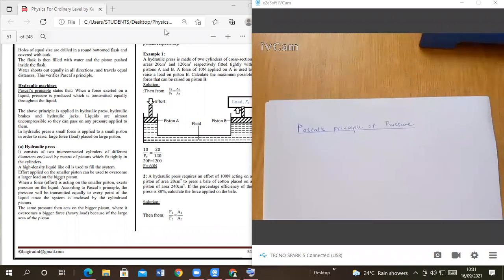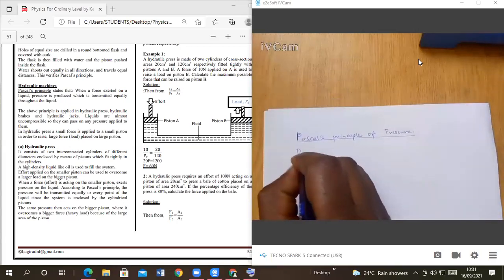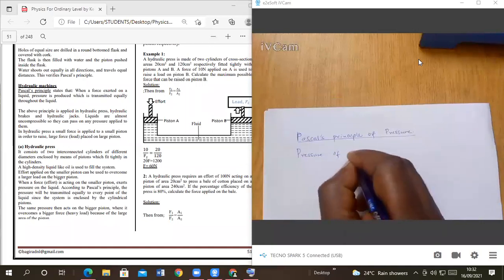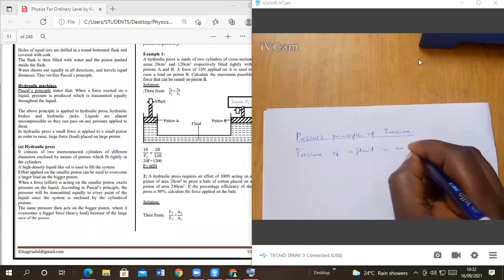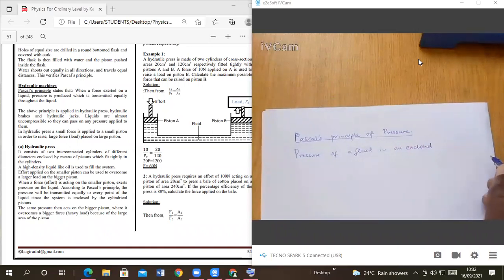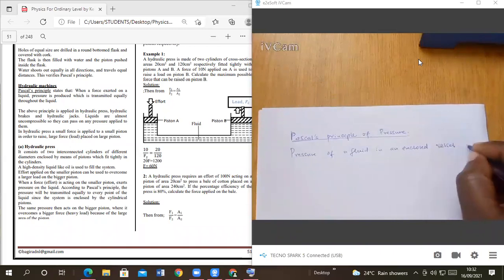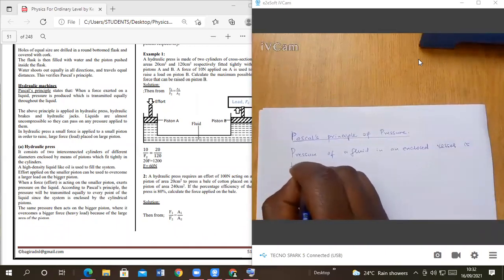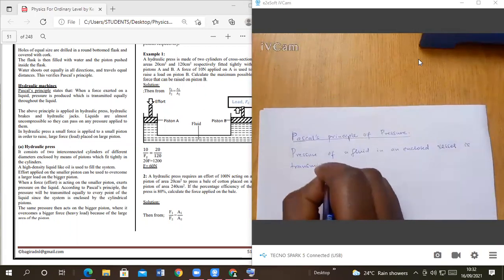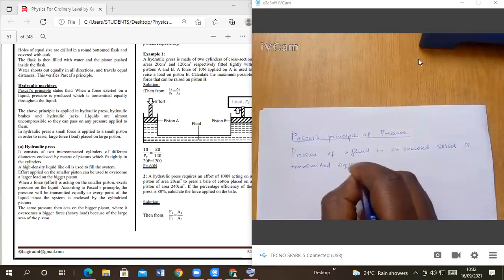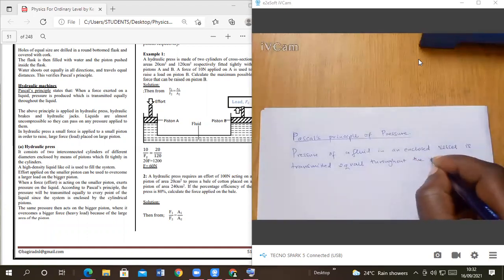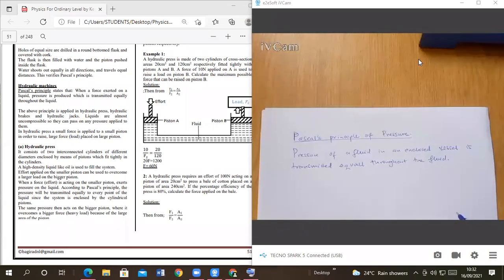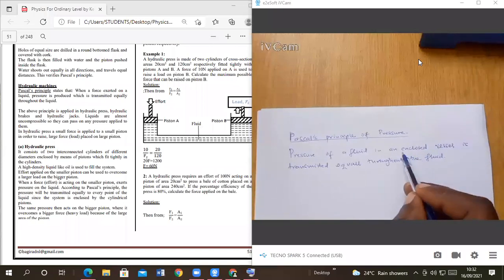Remember that, and we say that that principle states that pressure of a fluid in an enclosed vessel, the fluid must be in an enclosed vessel, is transmitted equally throughout the fluid.